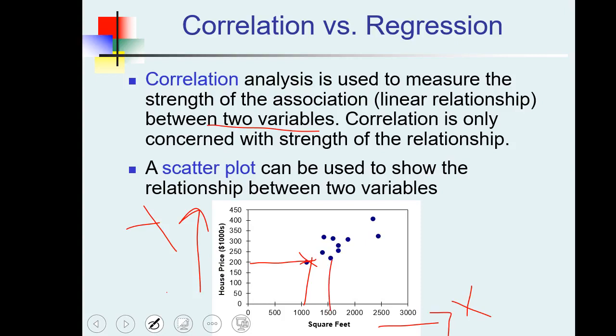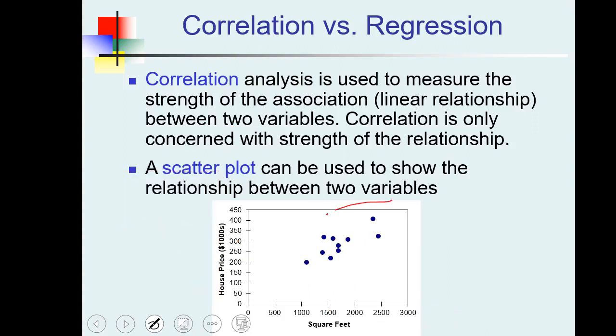Same for the other points, and you can see that all these points are in increasing order. If x increases, y also increases. So there is a positive correlation between different points, and this shows the strength of the relationship. These points are close to each other, so this is a kind of strong relationship between these two variables.